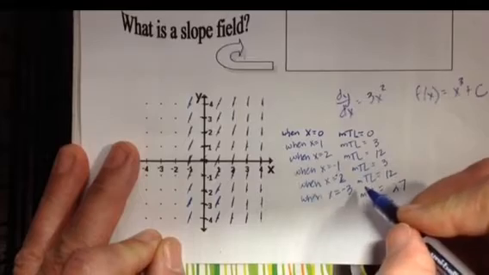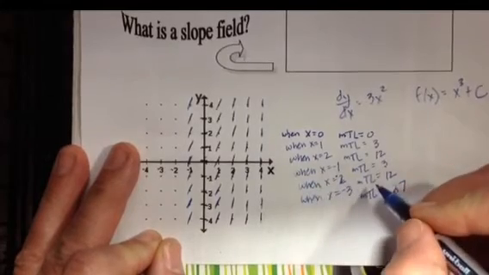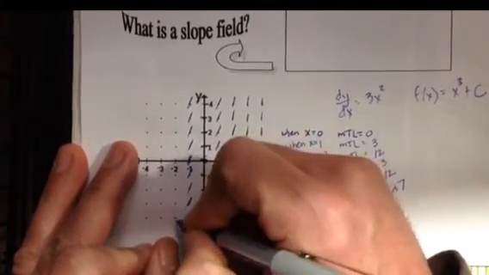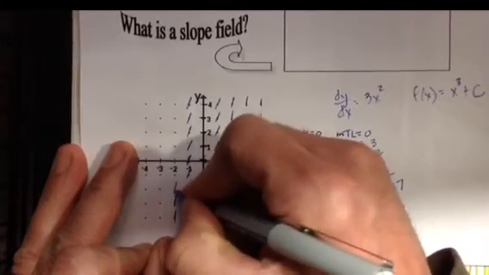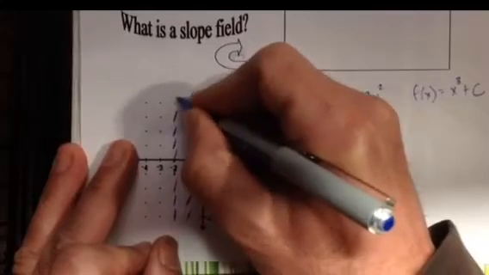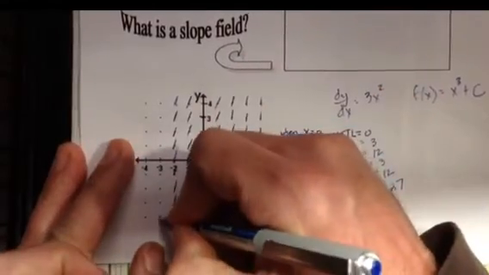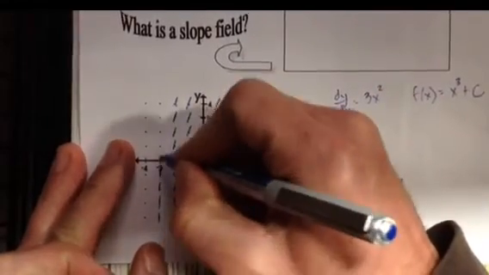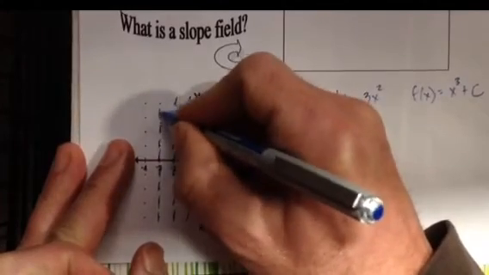And when x is -2, my slope was 12, so it's getting more vertical. It should be steeper than what it was here. And then I'm almost getting vertical as I go out here.